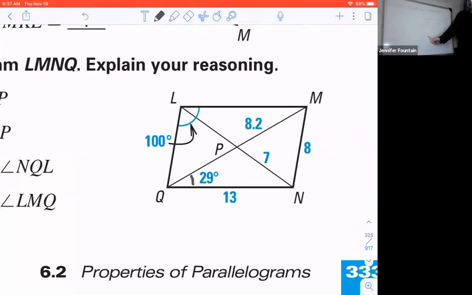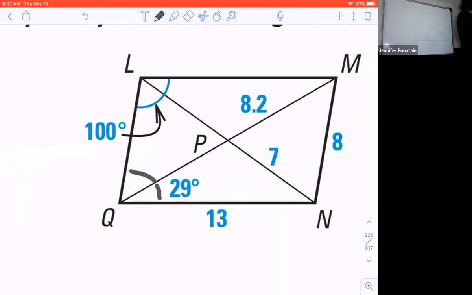This entire angle is not 29. This is a bisector. So what does that mean? Each of these angles is equal. So this one and this one equal what? 80. So take a look. What is the measure of angle L? 100. So what does that mean? How can I figure out this entire measure here?